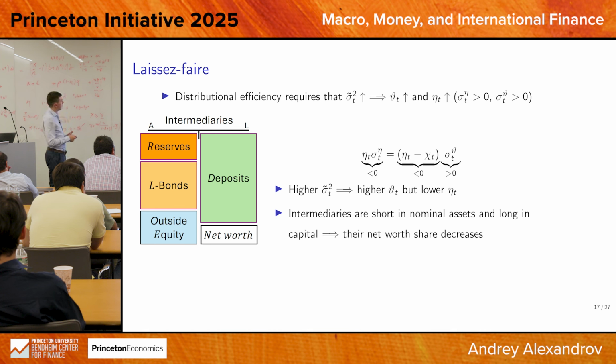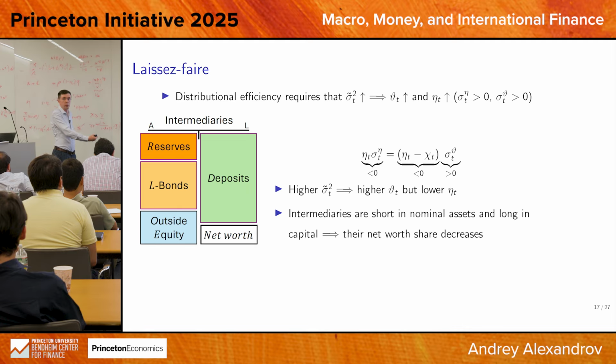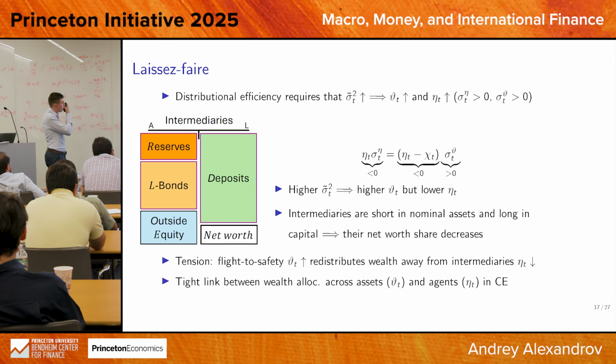What happens is that the liability side of intermediaries expands, the asset side shrinks, and their net worth goes down. So essentially, we do have flight to safety, which is great, but it causes the redistribution to go in the opposite direction compared to what the planner says is optimal. So in this competitive equilibrium, we have a tension between the flight to safety and the redistribution.